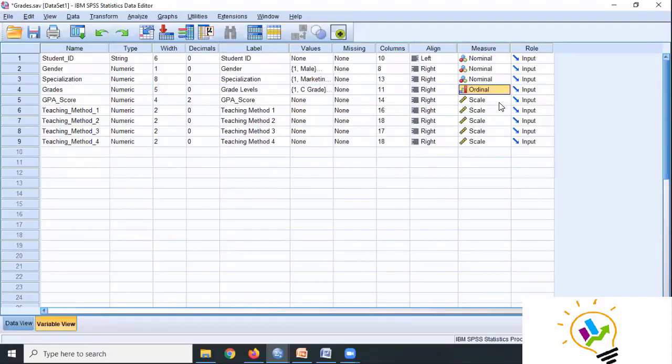If the data of a scale is normally distributed, we will be using parametric methods. And if the data is not normally distributed, we will be using non-parametric methods.